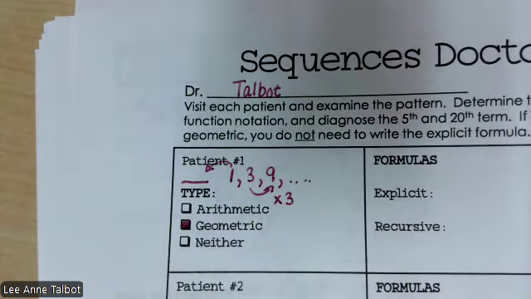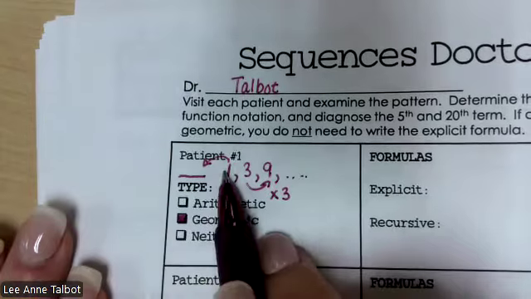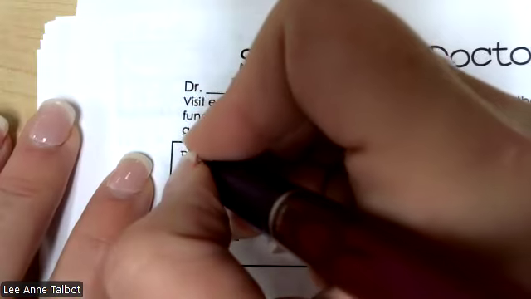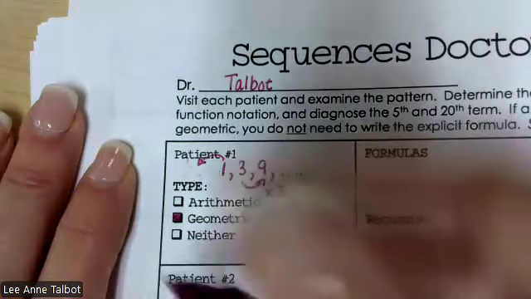Okay, now when you go backwards, you're going to do 1 divided by 3, and you can do a decimal, but I don't love it. I would rather you do 1/3 because the decimal for this is awful.